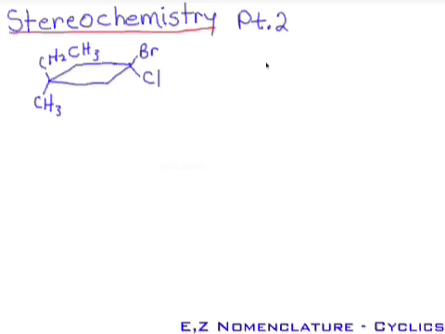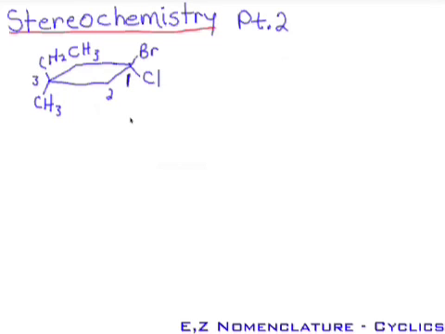We have, off of the cyclobutane, a methyl, ethyl, a bromo, and chloro. Now we could number from the methyl ethyl 1, 2, 3, or from the bromo chloro 1, 2, 3. Since chloro, bromo, ethyl, and methyl are all the same priority, in this case it doesn't matter. So you could choose any nomenclature here. I'm going to pick the bromo just for convenience's sake.